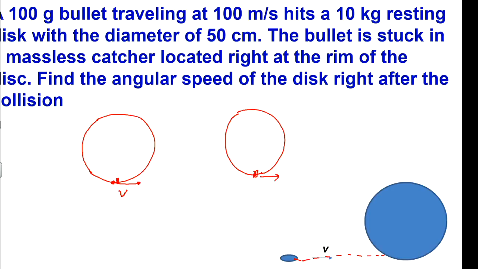The problem is, if we want to use the law of conservation of angular momentum, we shouldn't be using linear variables.